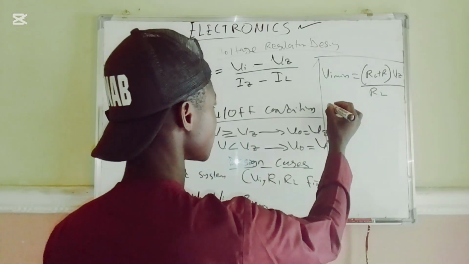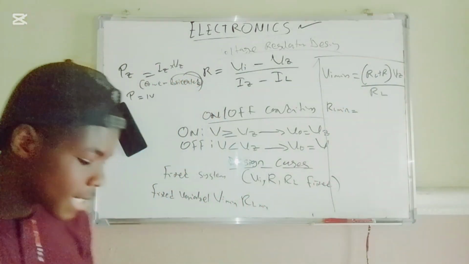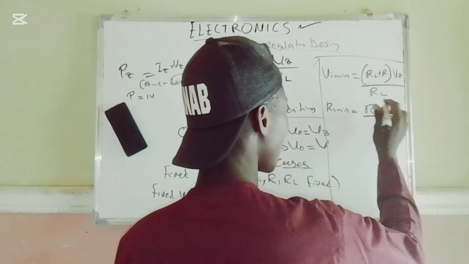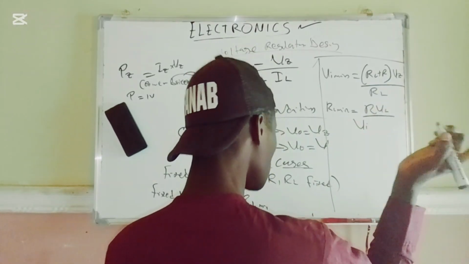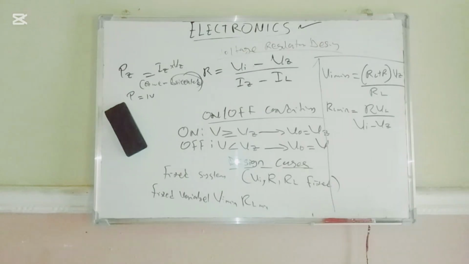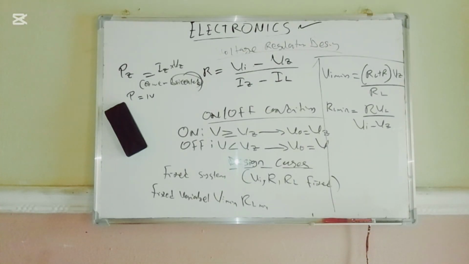The formula for RL minimum is R multiplied by VL, divided by the input voltage minus the Zener voltage. This is all I have for you for some of the formulas.